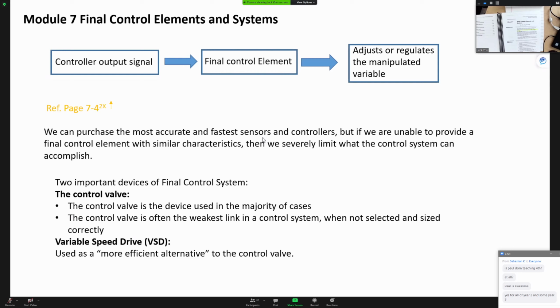And if the control valve, or final control element, is not up for the job, then your whole system performance will be greatly impacted or limited. So this is a pretty important thing. And as electricians, we don't deal with the valve too much.